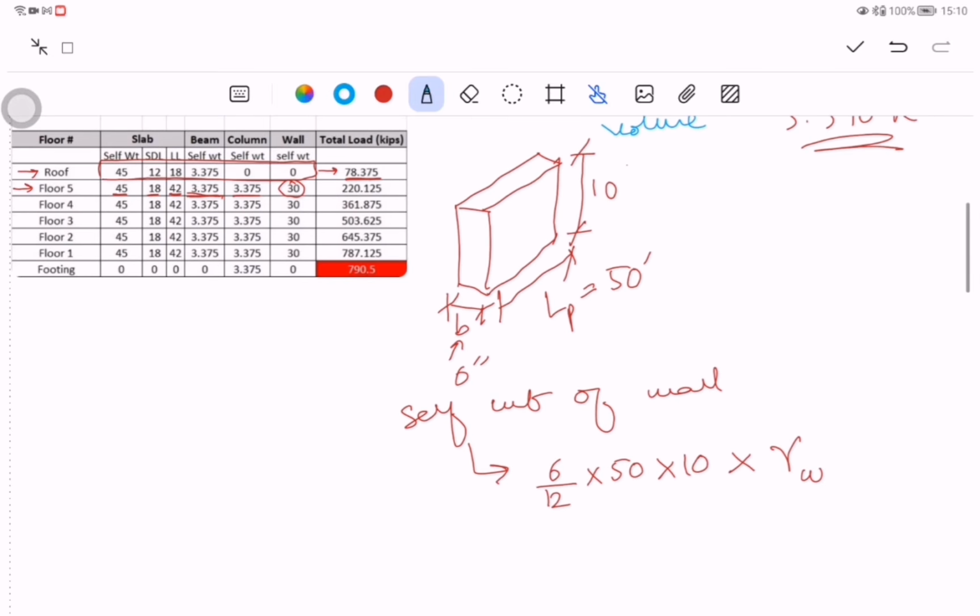So this is your volume, and ultimately after dividing by 1000, the answer will be 30 kips, and the 30 kips is written here. So you add these values, and also you add the previous one to get this value.